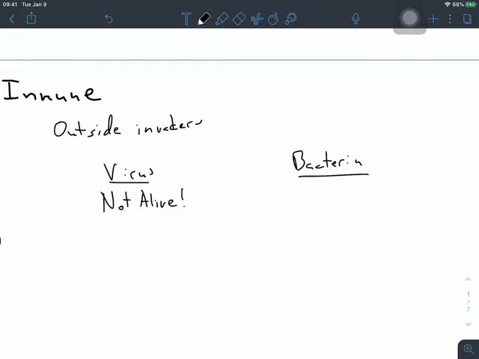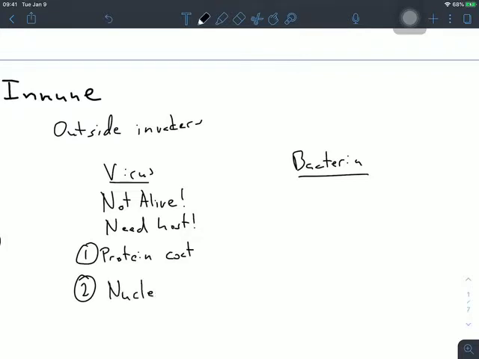Though they are very diverse, because they need a host to survive. They need to replicate on us, essentially, or any other living thing. They're made of two different components, a protein coat outside and some sort of nucleic acid core.